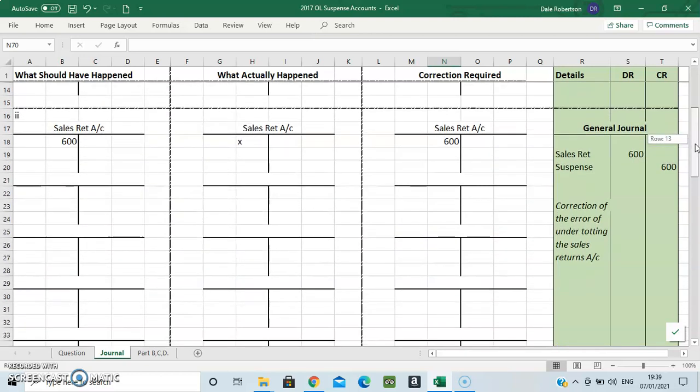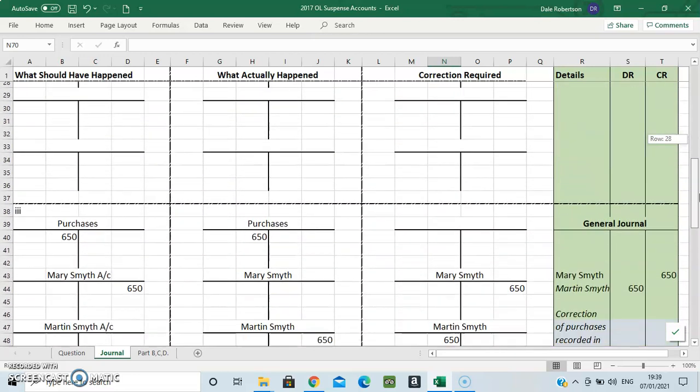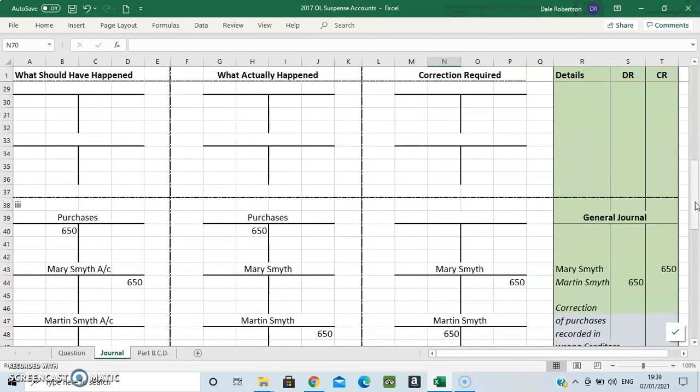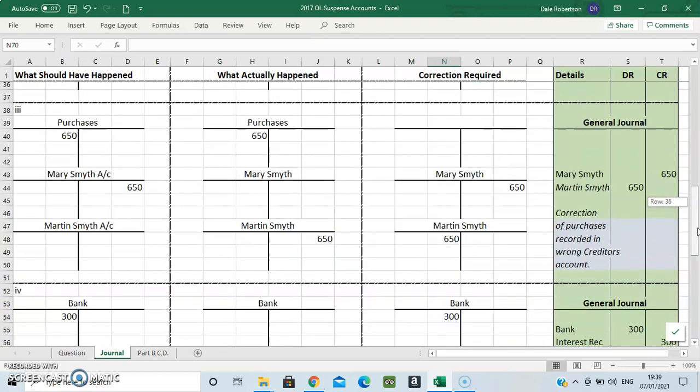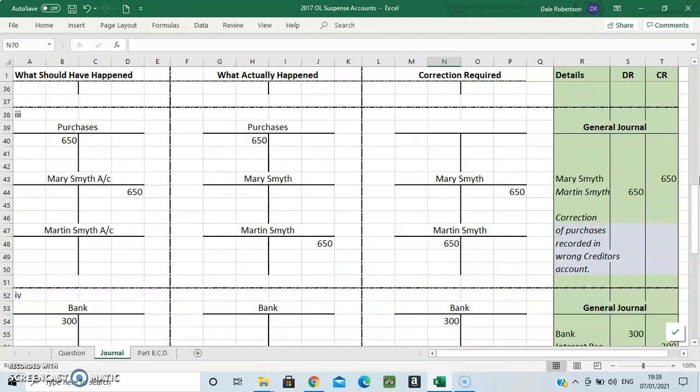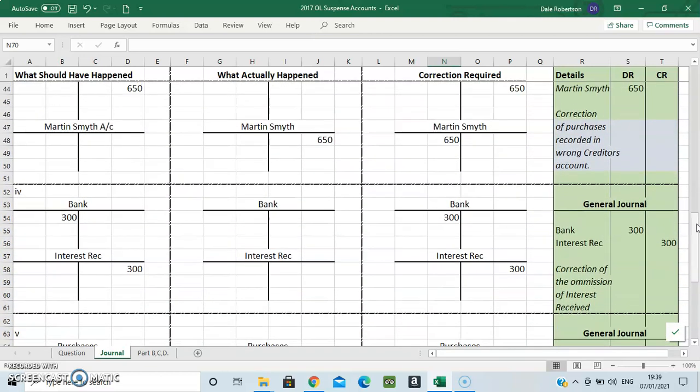That might decrease our profit a little bit because it's on the debit side, and so on and so forth. Some of these things, Martin and Mary Smith, for example, and the bank figure here affect the balance sheet because they are debtors or creditors or current assets or liabilities. So therefore, they will not affect the net profit and they will not affect our Part B. They would only affect the balance sheet. They come after the net profit.